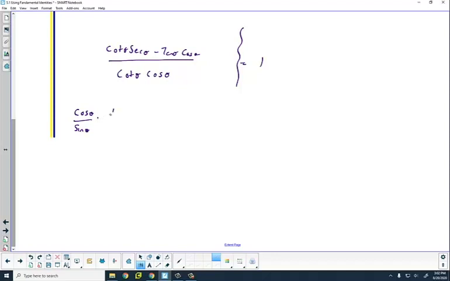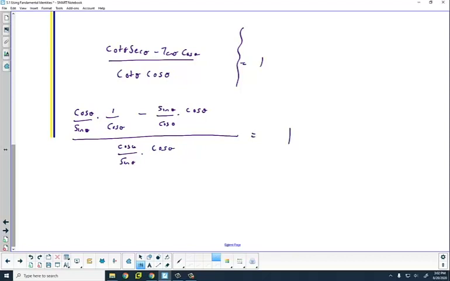Secant is 1 over cosine. Minus tangent, which is sine over cosine, times cosine. In the denominator, we have cosine over sine, because that's cotangent, times cosine, equals 1.